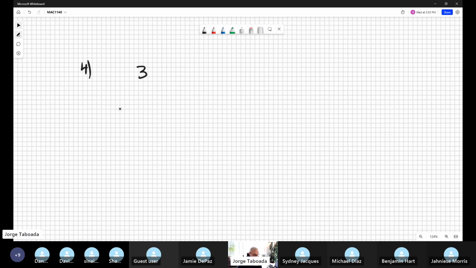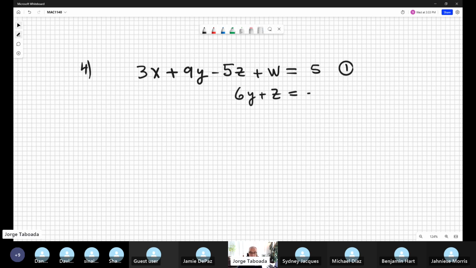The first equation is 3x plus 9y minus 5z plus w equals 5. This is my first equation. The second equation, something is missing. It's 6y plus c equals minus 2. Something is missing: x is missing, w is missing.